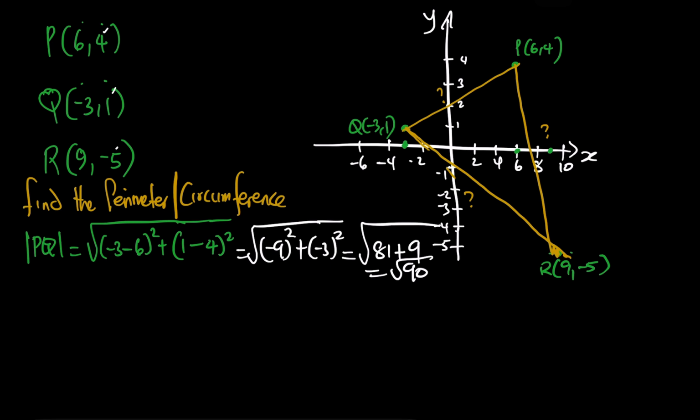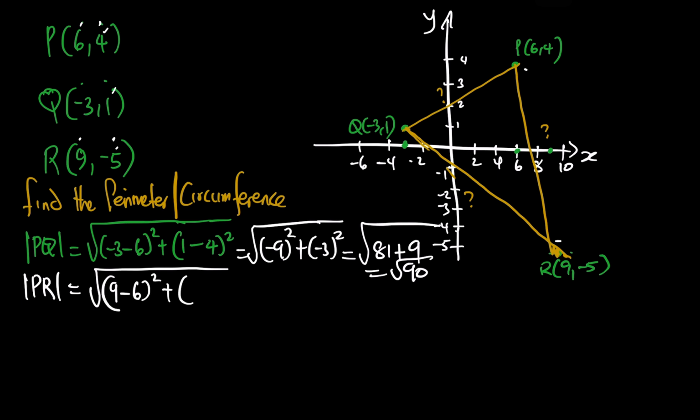Now, how do we look for P and R? The length of PR, or the distance between P and R, is the square root of what? P is going to be our x1, y1, and R is going to be x2, y2. So x2 is 9 minus x1, 6. You square that, plus our y2, which is -5, minus our y1, which is 4.